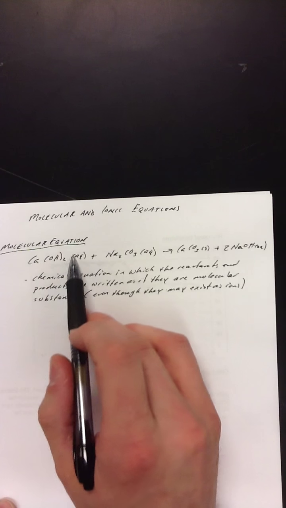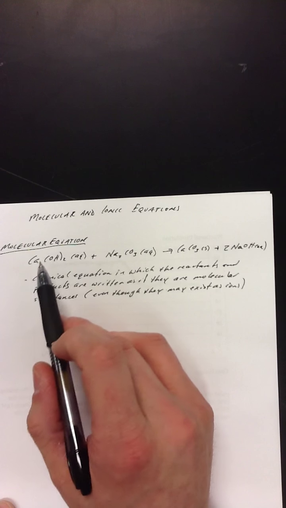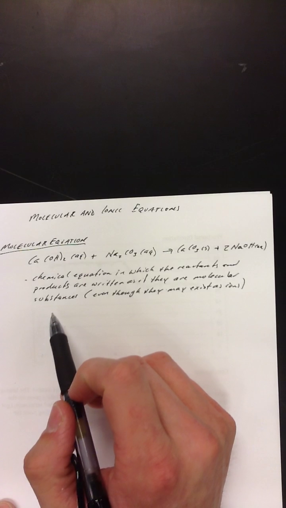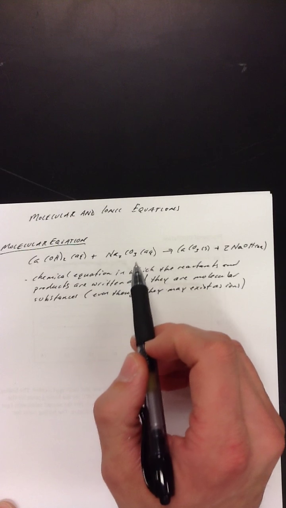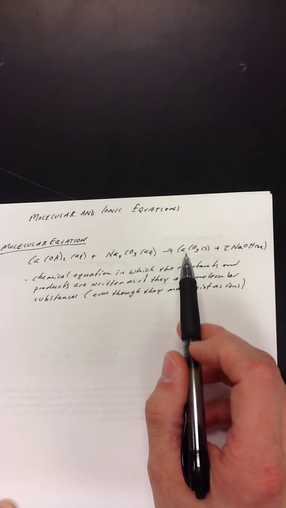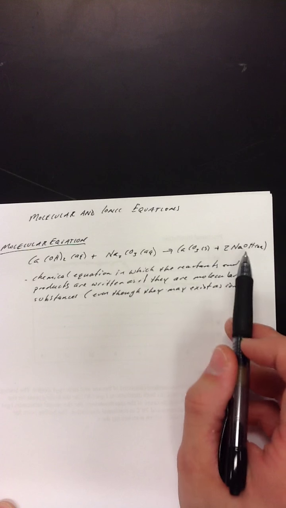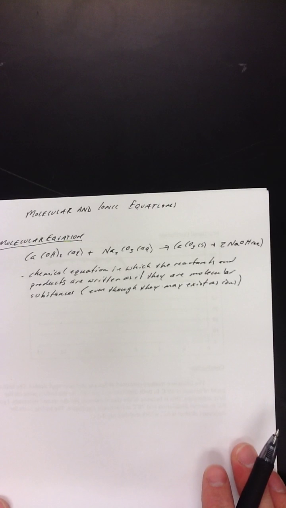What that literally means is that we write it literally as a compound. We don't separate these out as calcium ions and hydroxide ions. We just write that it's calcium hydroxide and it's aqueous. We have sodium carbonate, which is aqueous, yields calcium carbonate solid, and then 2 sodium hydroxide, which is also aqueous.